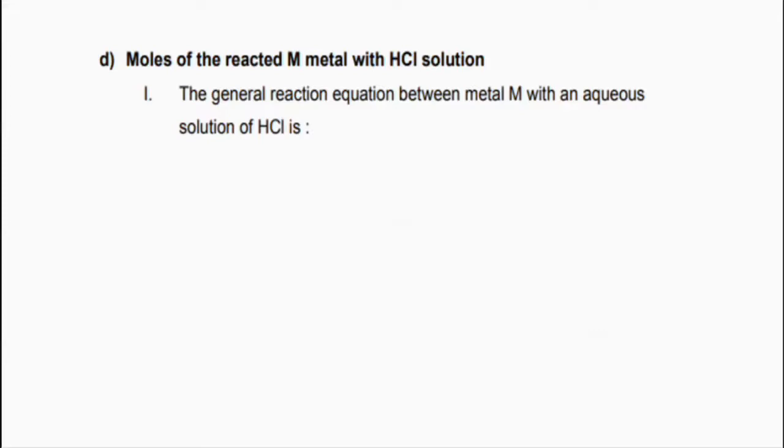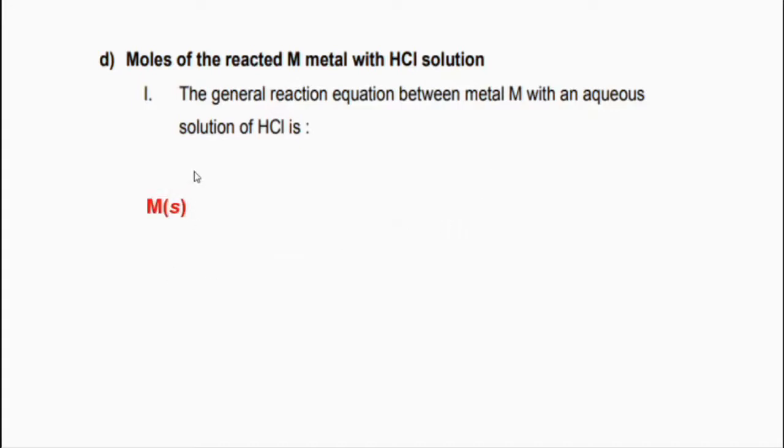Next we are going to determine the moles of M metal reacted with hydrochloric acid solution. First, we write the general equation between M metal and the aqueous solution of hydrochloric acid.